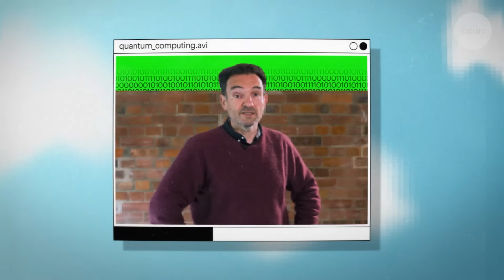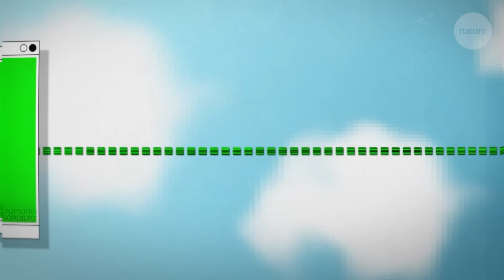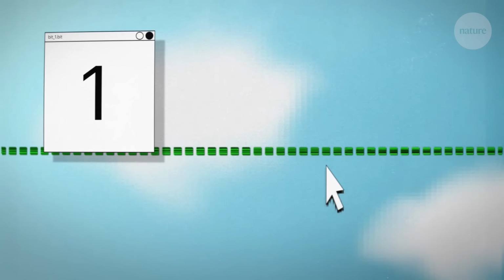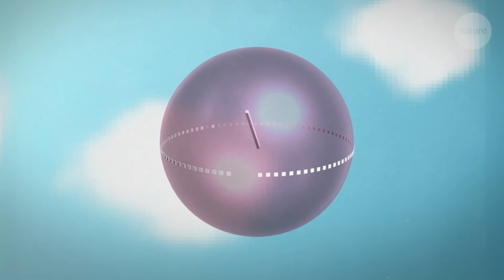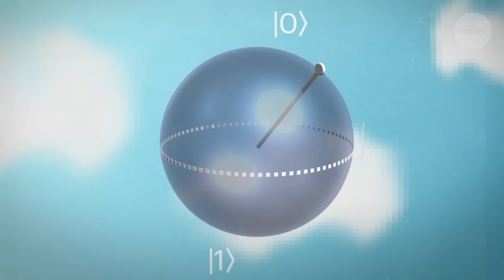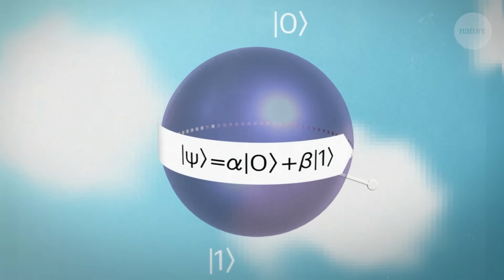Classical computers, like the device you're watching this video on, work by encoding data in bits. Bits are units of information that can read 1 or 0. Quantum computers use a different kind of bit, qubits. Qubits can read 1 or 0 too, but also a continuum of possibilities in between.